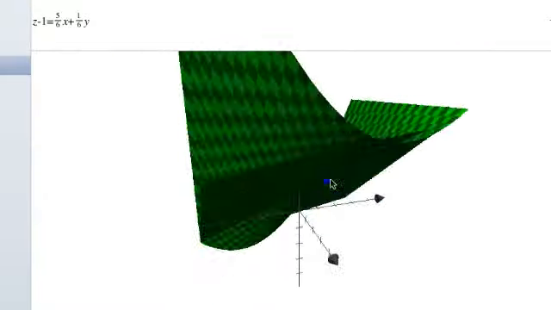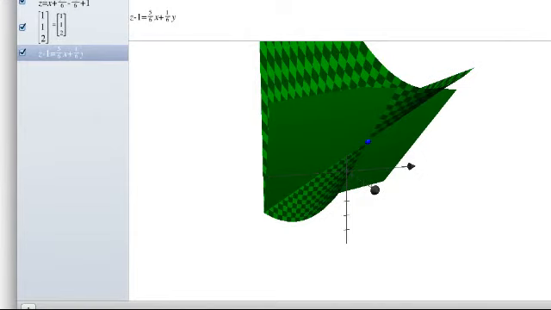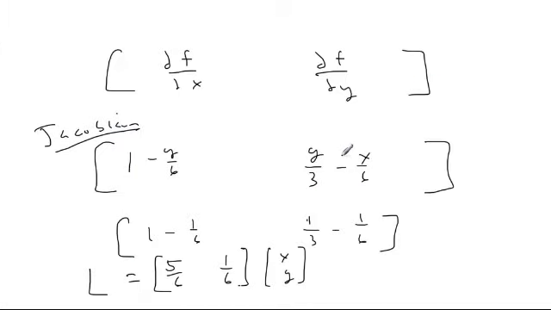All right. So in summary, the Jacobian matrix is the matrix of partial derivatives, and if you plug in x and y values at a specific point, that Jacobian matrix is going to give you the linear function, which tells you the direction of the function at that point.